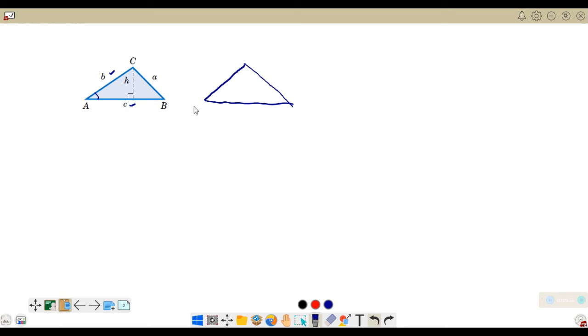Paano kung meron tayong ABC pa rin? This is C, this is B, this is A. But the given sides are sides A and C at saka si angle B. Ano yung magiging formula natin pag ganito yung case?